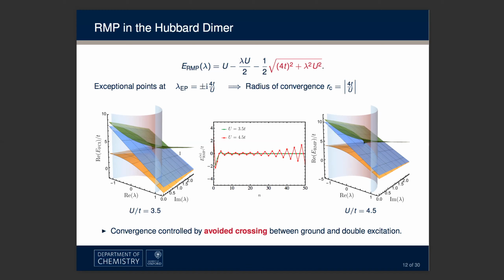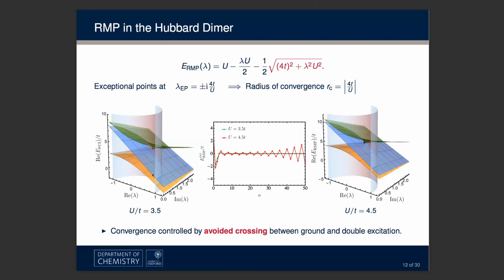What we see immediately is that lambda is going to create a radius of convergence, which is exactly controlled by the strength of our correlation. When we are diverging for U over t greater than 4, the exceptional point comes inside our radius of convergence, which is this cylinder.